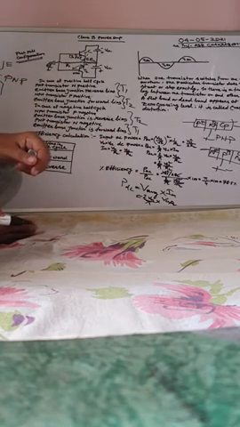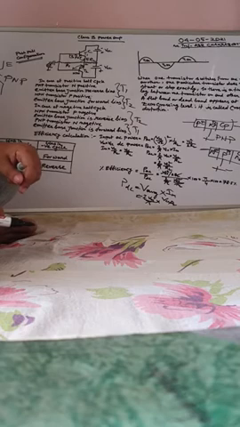So output DC power will be equal to V average into Im.